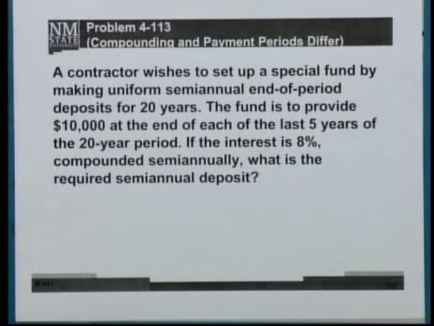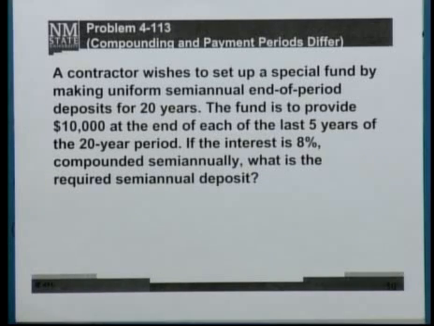So a contractor wishes to set up a special fund by making uniform semi-annual and period deposits for 20 years. The fund is to provide $10,000 at the end of each of the last 5 years of the 20-year period. If the interest is 8% compounded semi-annually, what is the required semi-annual deposit?